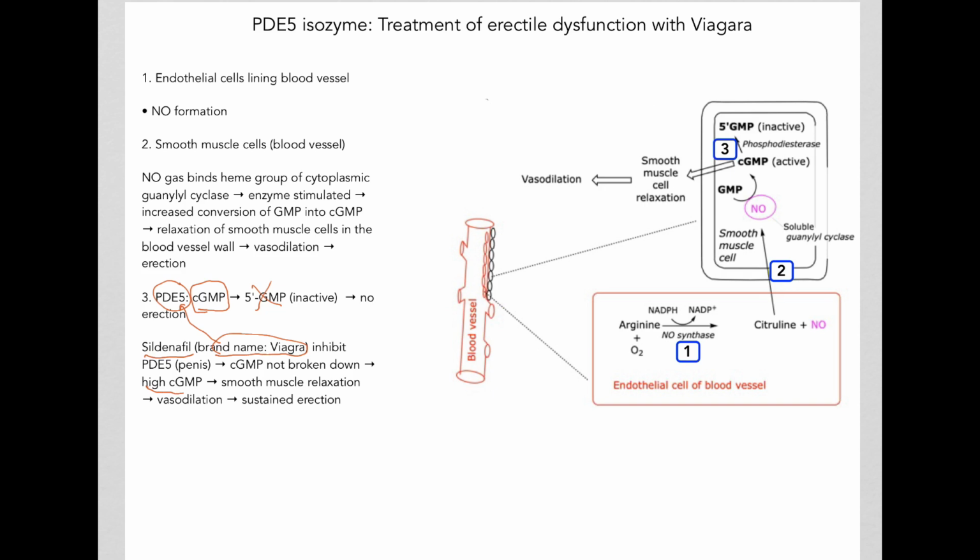That means the concentration of cGMP will remain very high, because this enzyme is being inhibited, and that will lead to sustained smooth muscle relaxation, sustained vasodilation, and therefore sustained erection. So this is how Viagra helps in the treatment of erectile dysfunction.